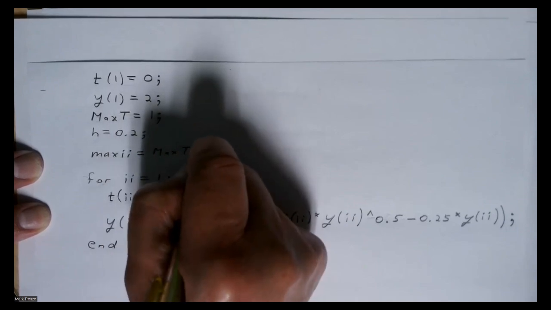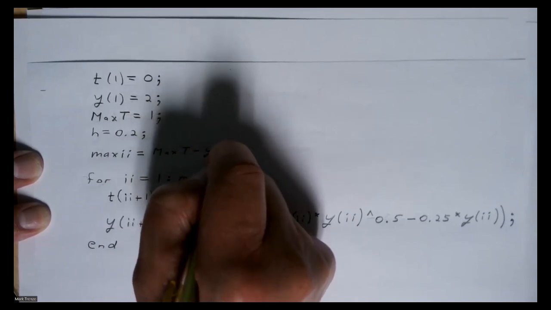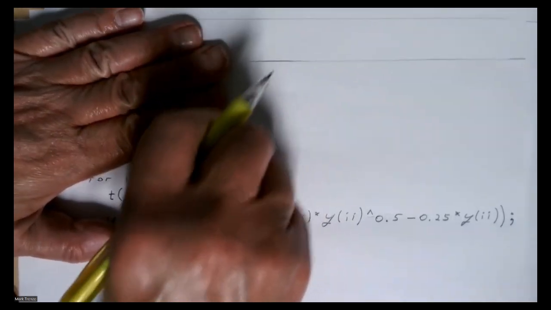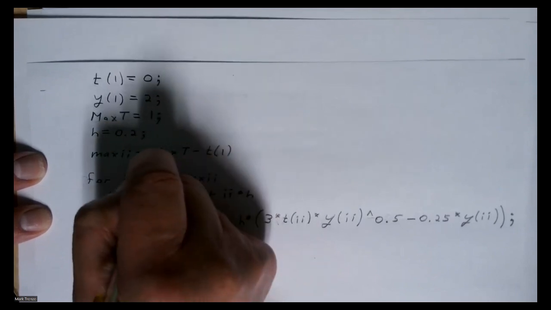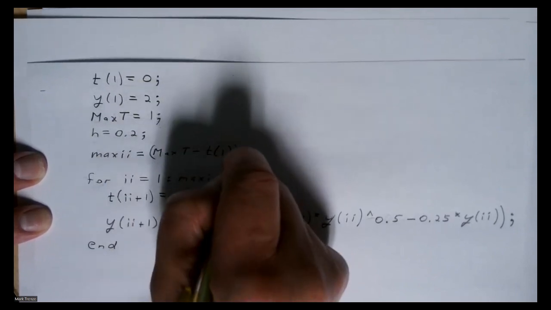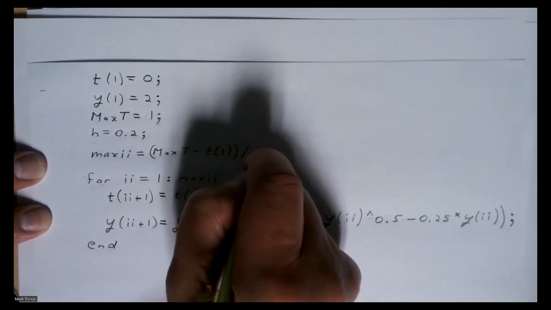And that's going to be our max t minus our initial t value. I'll write it like that. And divide this by h.